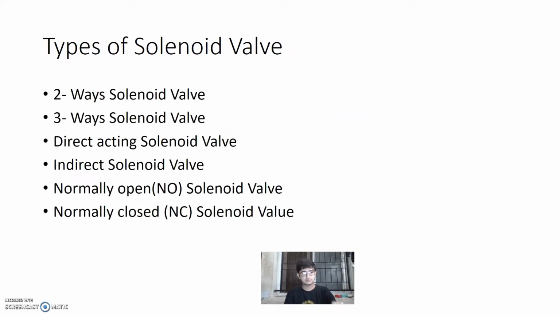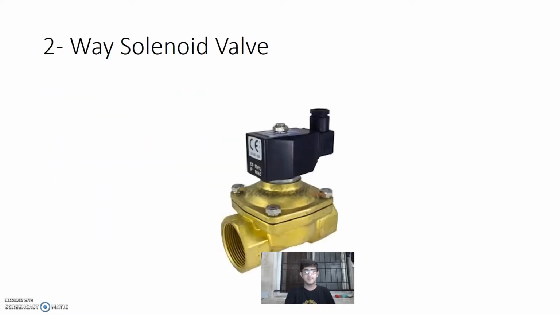Now let us see what normally open and normally closed solenoid valves are. Let us consider a two-way solenoid valve. When you are not giving any signal to your solenoid to open or close the valve, it is in its idle condition, and the valve is either open or closed.